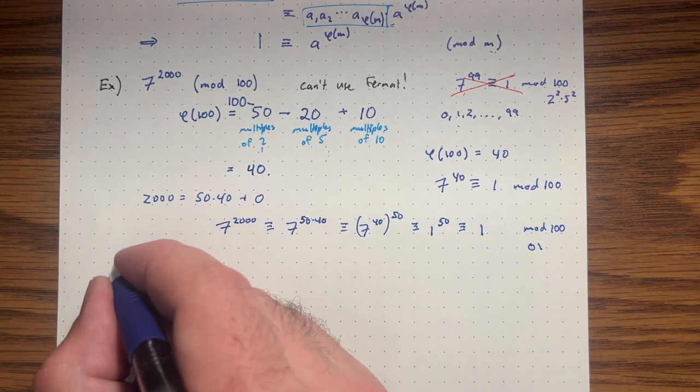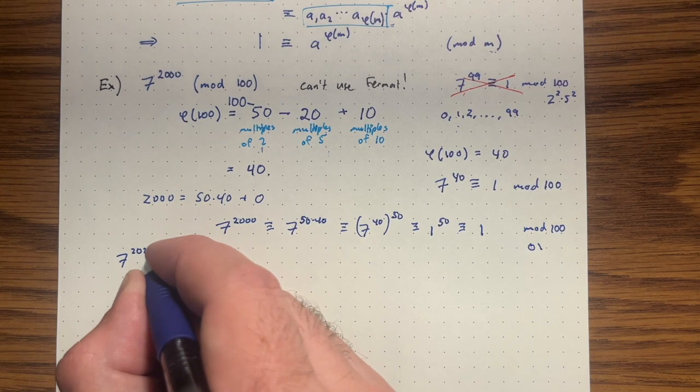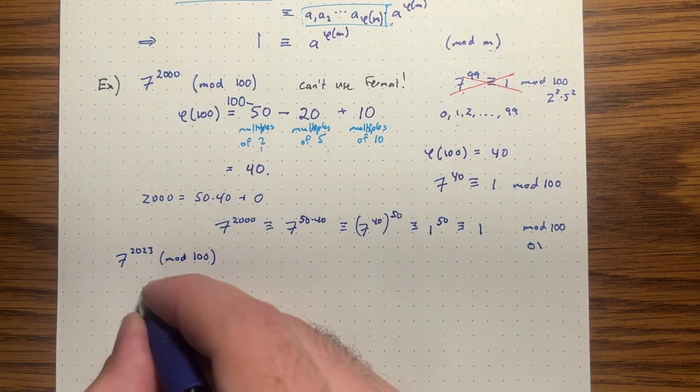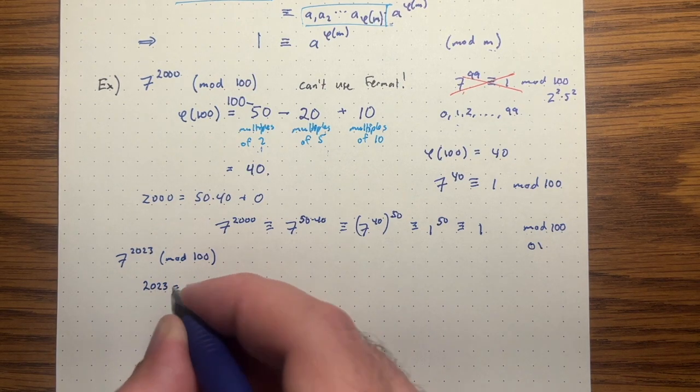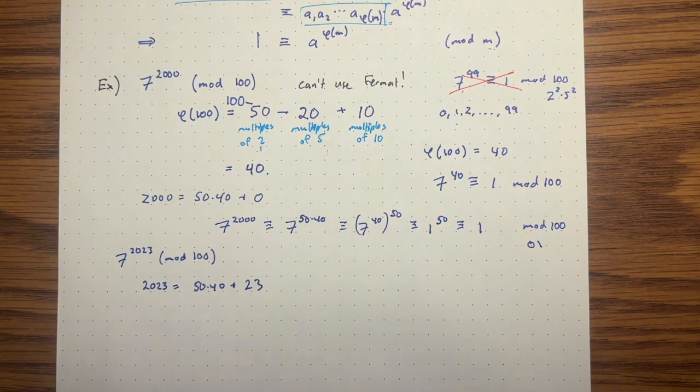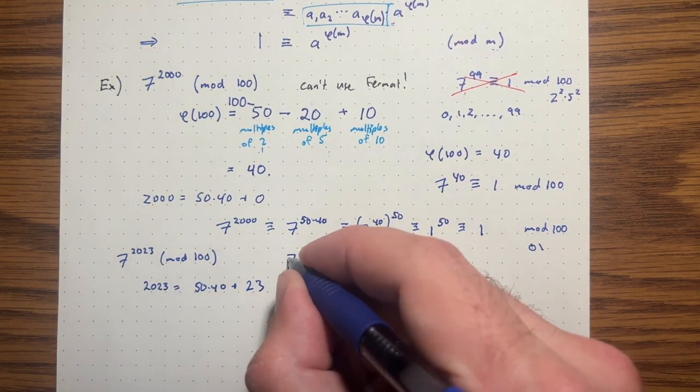Notice if we wanted to do 7 to the 2023 instead, for example, we would do the same thing. We'd write 2023 as still 50 times 40, but this time there's a remainder.